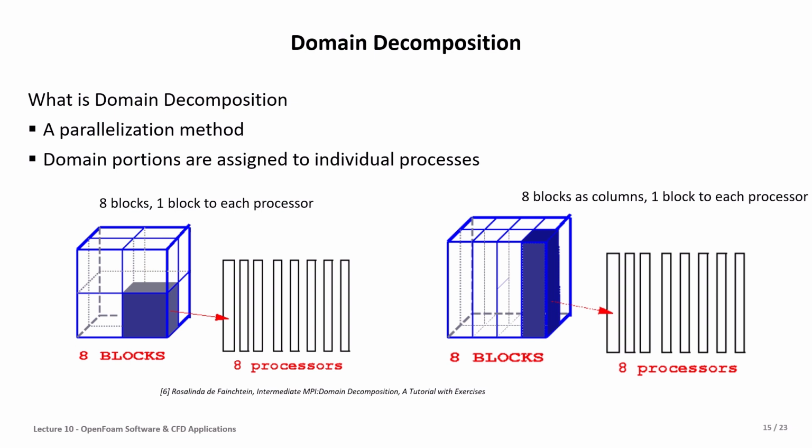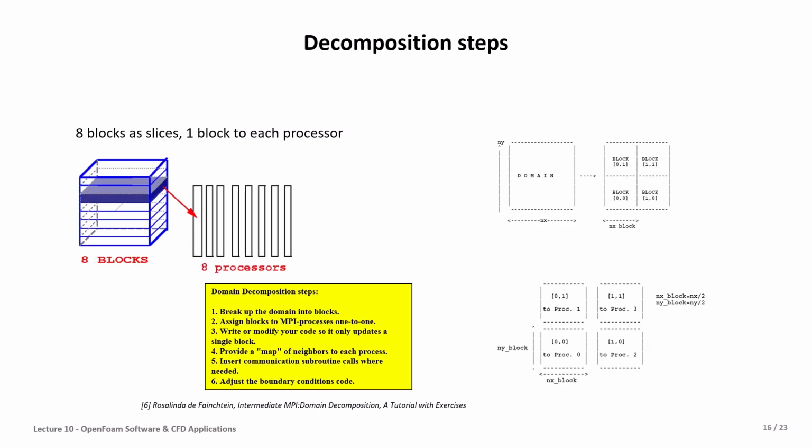So this information about the boundary of the problem, the boundary condition, and how we need to transfer the information between the domains is important for the setup of the decomposition. Therefore, the decomposition has a step to use MPI.